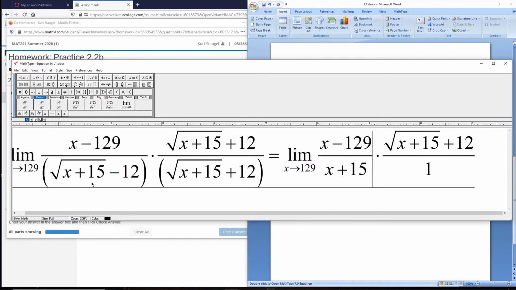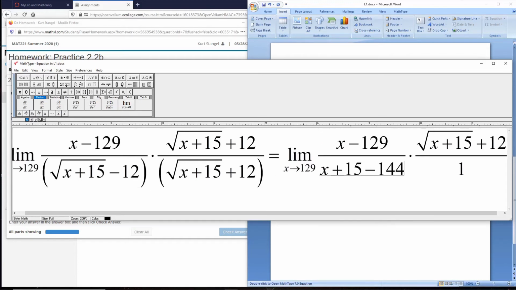So that's multiplying those two. The square root times positive 12, and then the square root times negative 12, those will subtract out. Again, those middle terms will always subtract out with the conjugate. And then we have minus 12 times 12 to get us a minus 144.